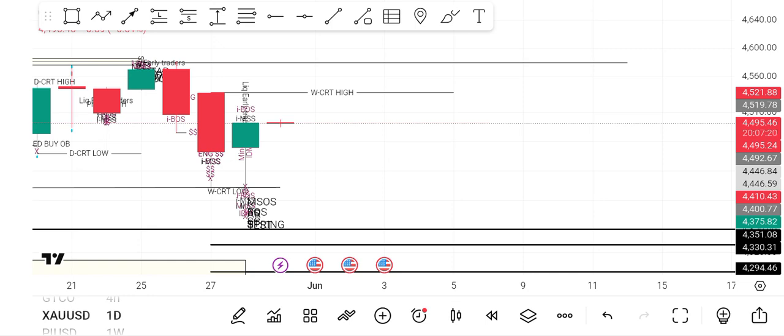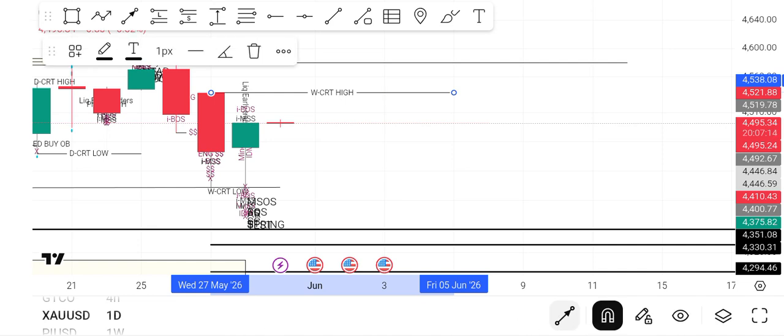So if it's going upward, I believe we're going to be looking for an entry to target the high of that candle. So in the meantime, we can conclude that the daily time frame is bullish in nature.